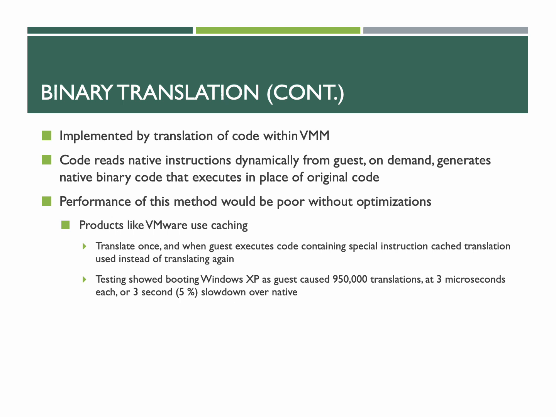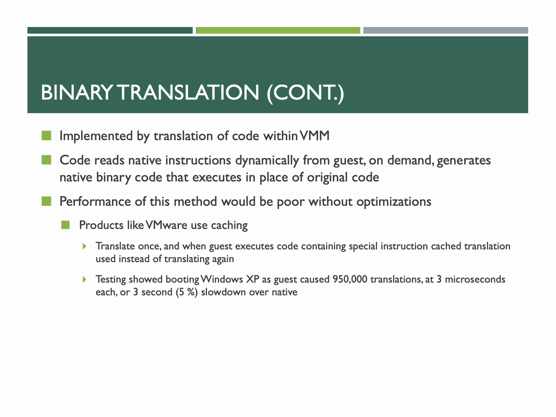Initially, one might expect that the performance of a system employing binary translation would be poor due to the overhead of intercepting, translating, and executing each instruction. However, significant optimizations have been developed to mitigate these performance penalties.